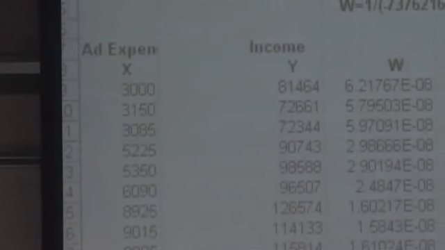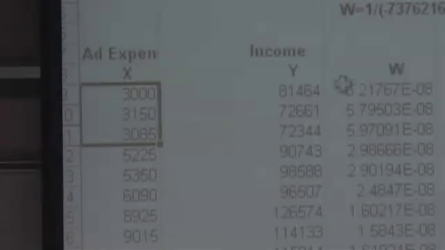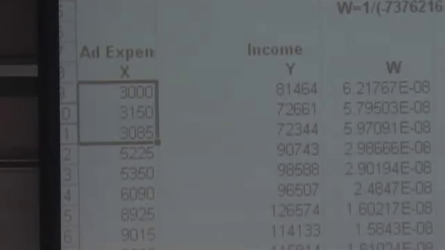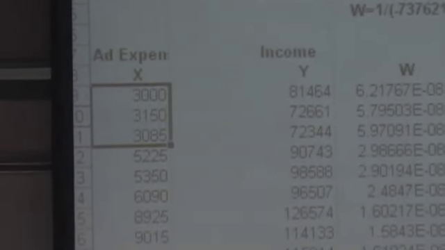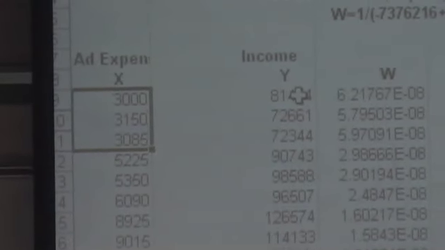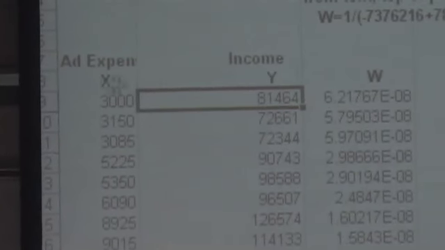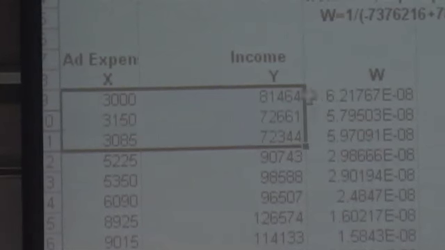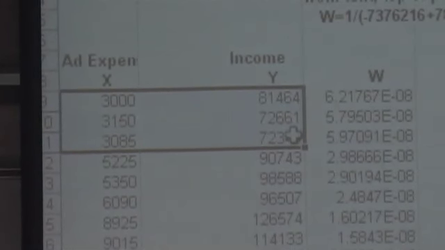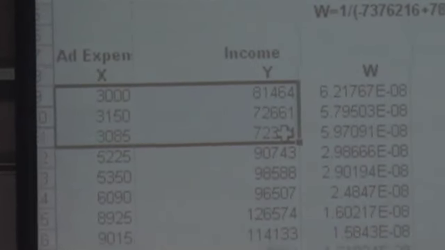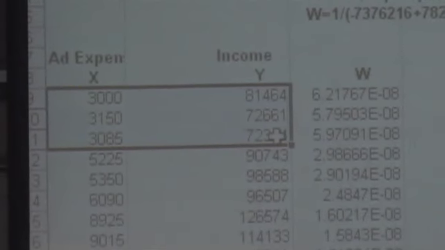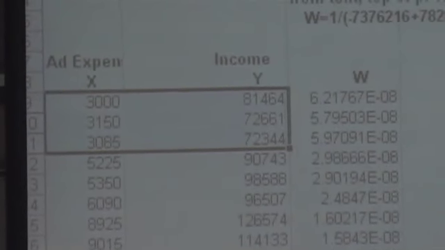I can highlight those cells just there. Those three X values were equivalent. And then he had the income from those, and I take these corresponding three Y values. Now if I take the sample standard deviation of those three Y values, you get an estimate of the variance at level X is 3,000 roughly.